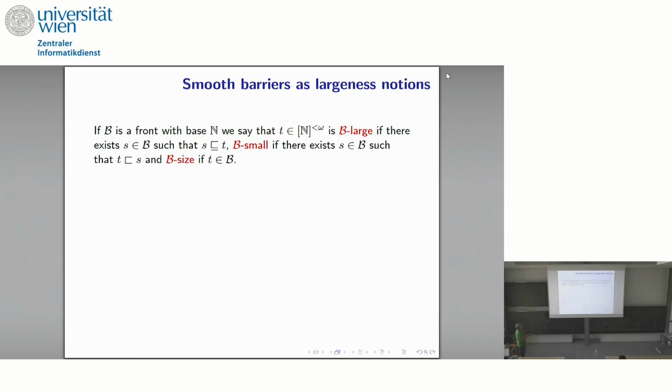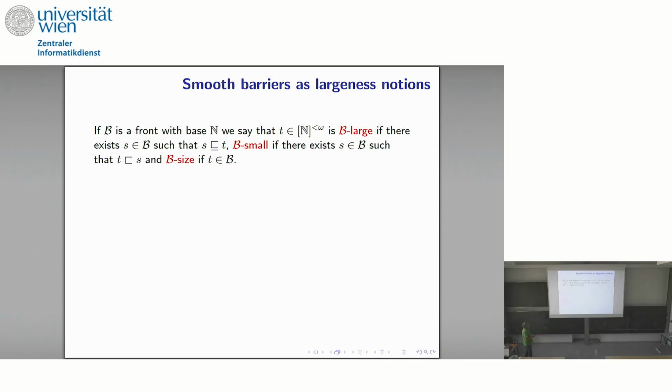And why are we using smooth barriers? Well, even starting from B, which is just a front with base the natural numbers, we can say that a set T is B-large if there exists some prefix of T which is in the barrier. So the barrier is telling you when something is large.